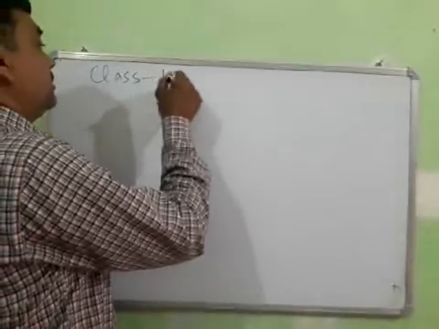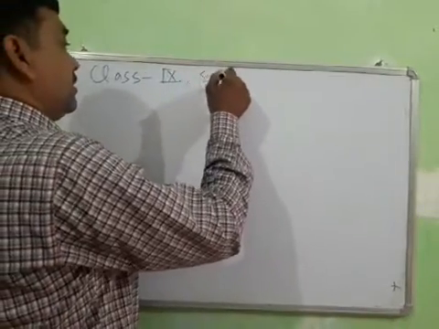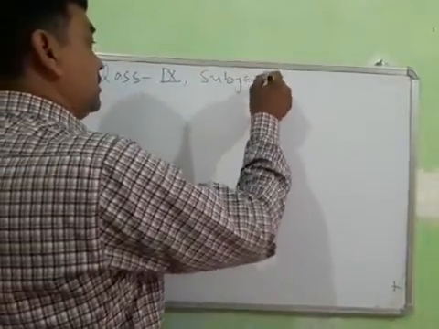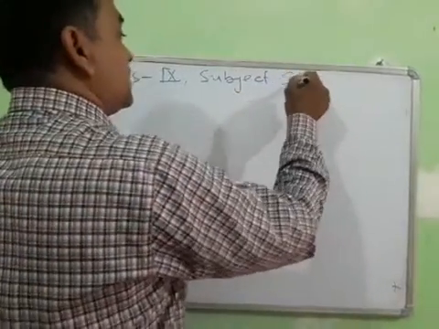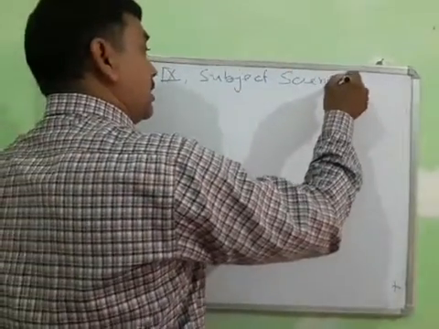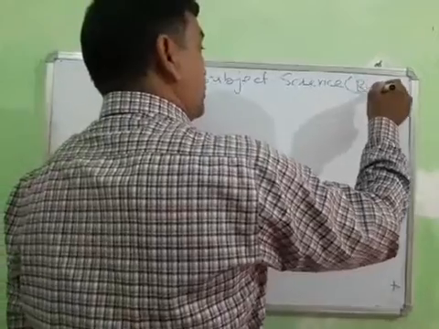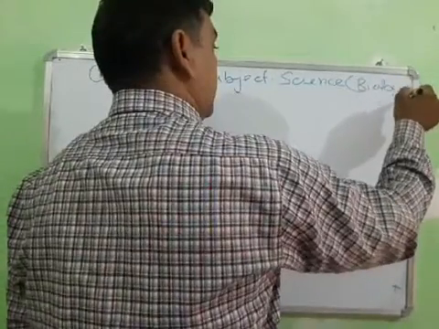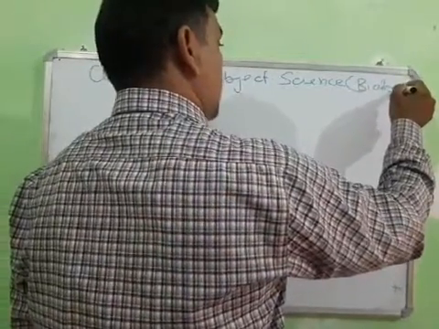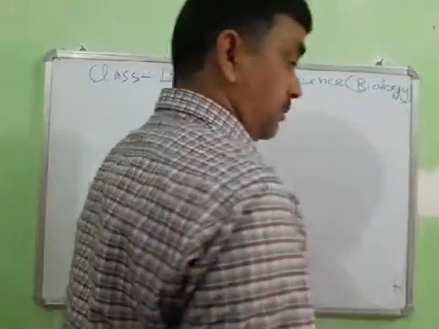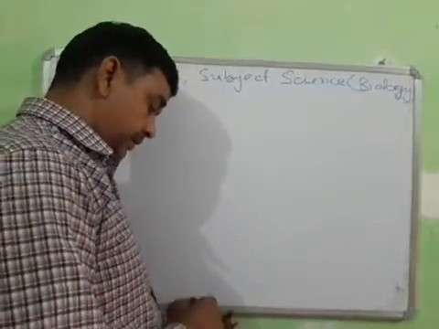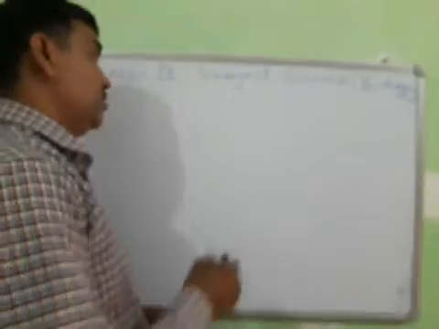Class 9, subject science, sub-subject biology. Science has 3 parts: physics, chemistry and biology.